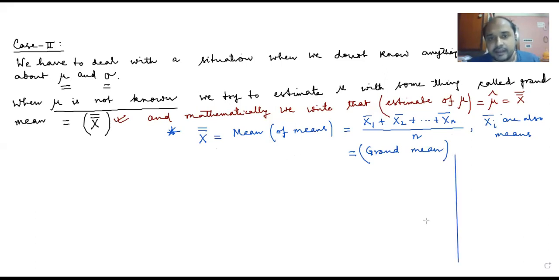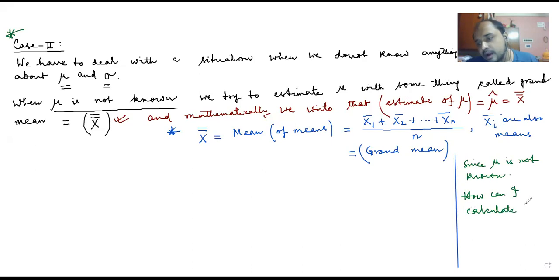The question is, how can I calculate UCL and LCL? Because in UCL and LCL we actually require mu plus something.